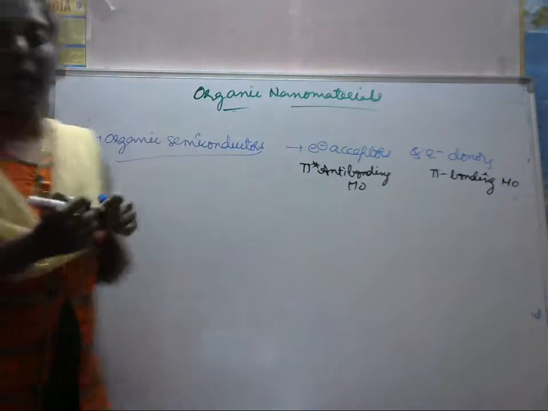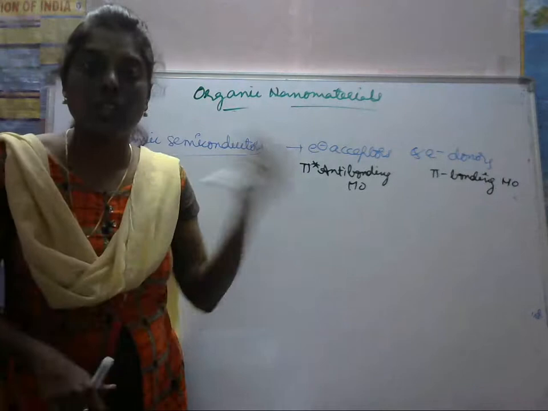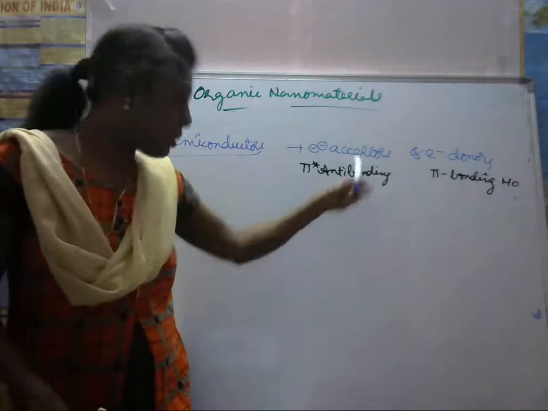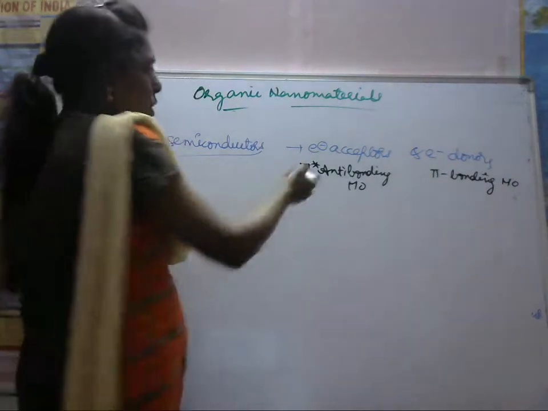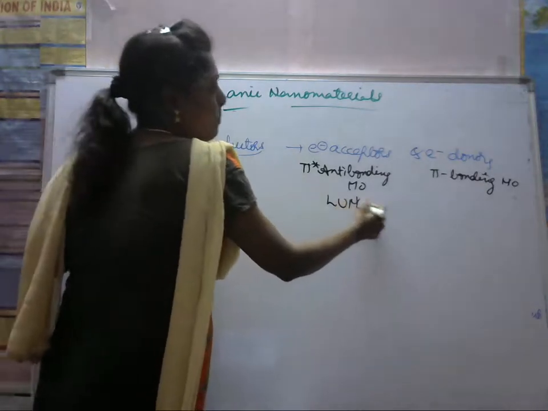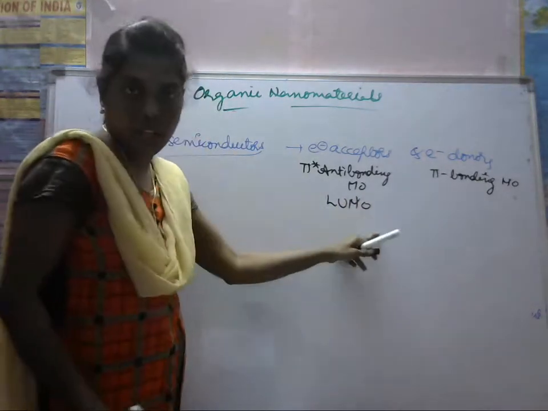A pi molecular orbital donates the electron to the pi star anti-bonding molecular orbital, which is called the LUMO, lowest unoccupied molecular orbital.